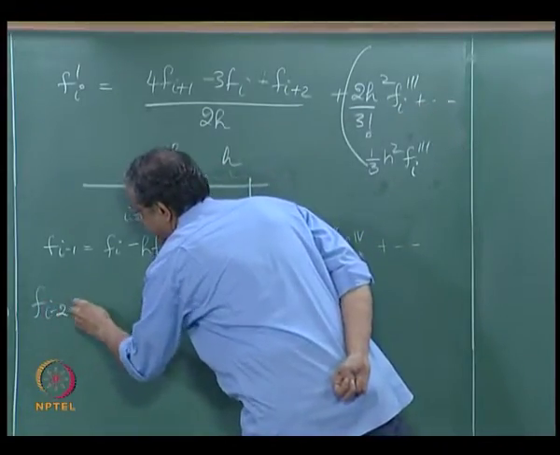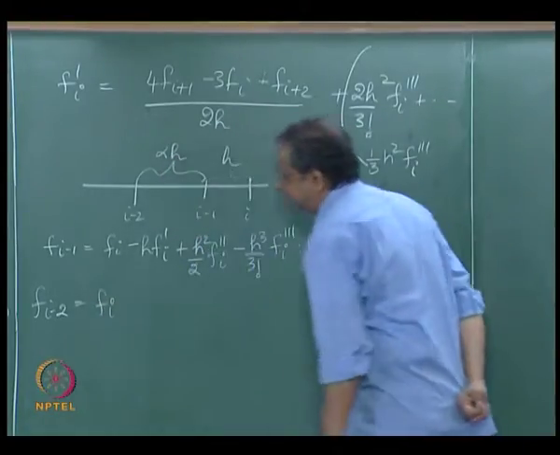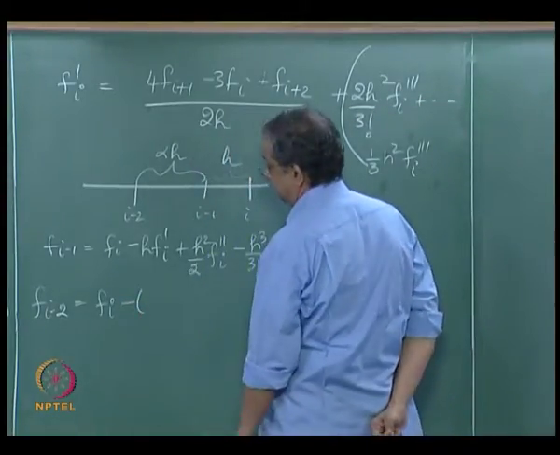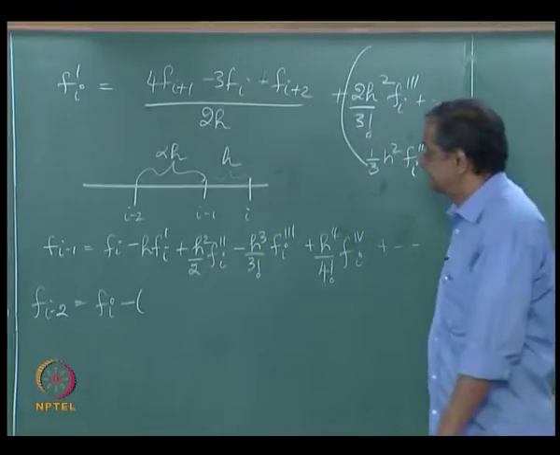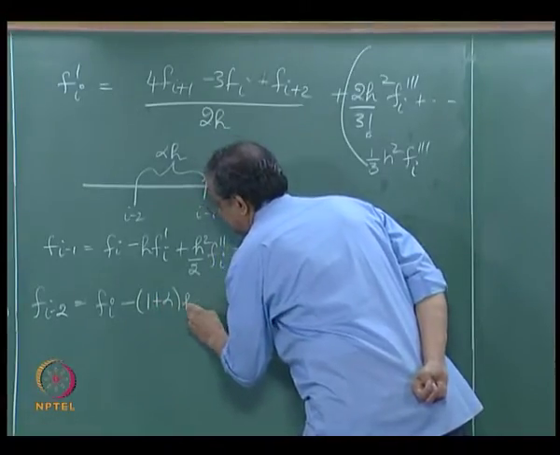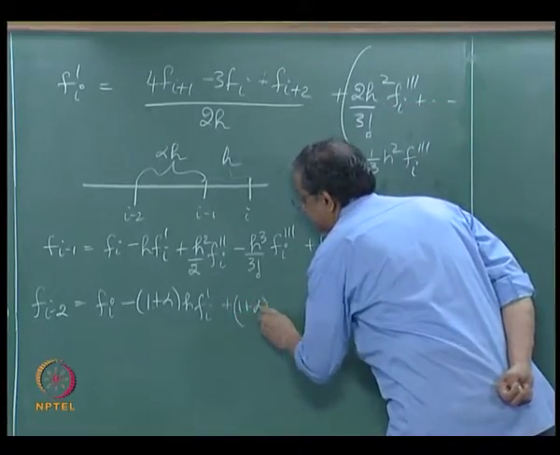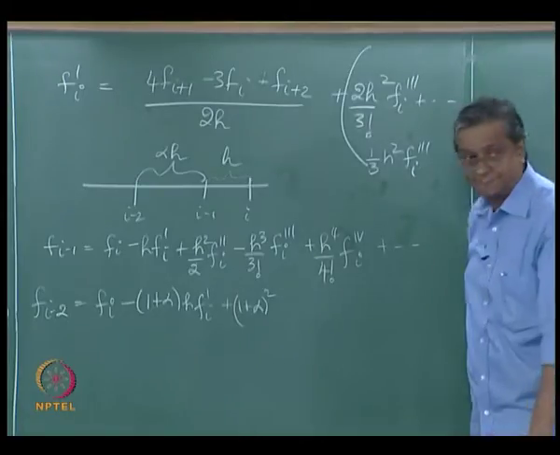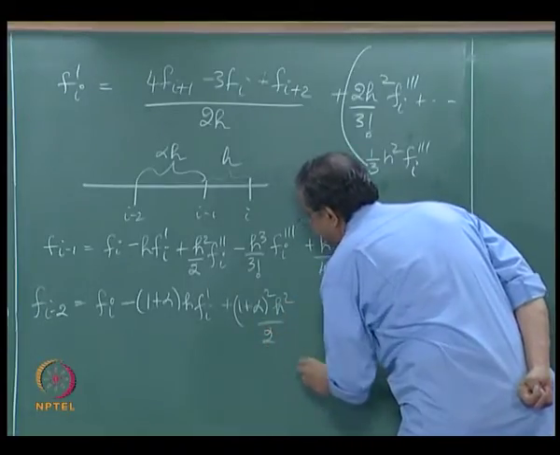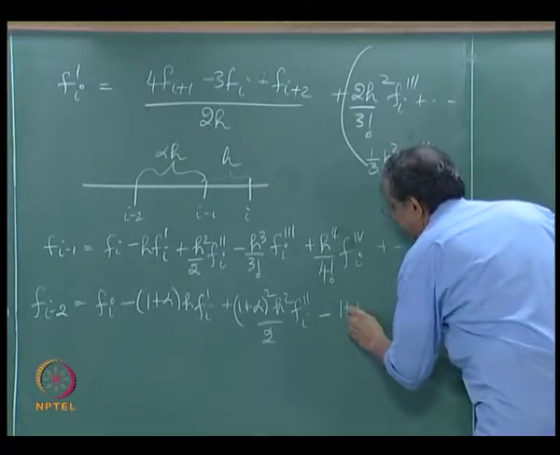F at I minus 2 is f at I minus, I am sorry, 1 plus alpha times h f prime at I plus 1 plus alpha whole squared, h squared by 2 factorial, the second derivative at I. So it is very clear, it is not that bad.